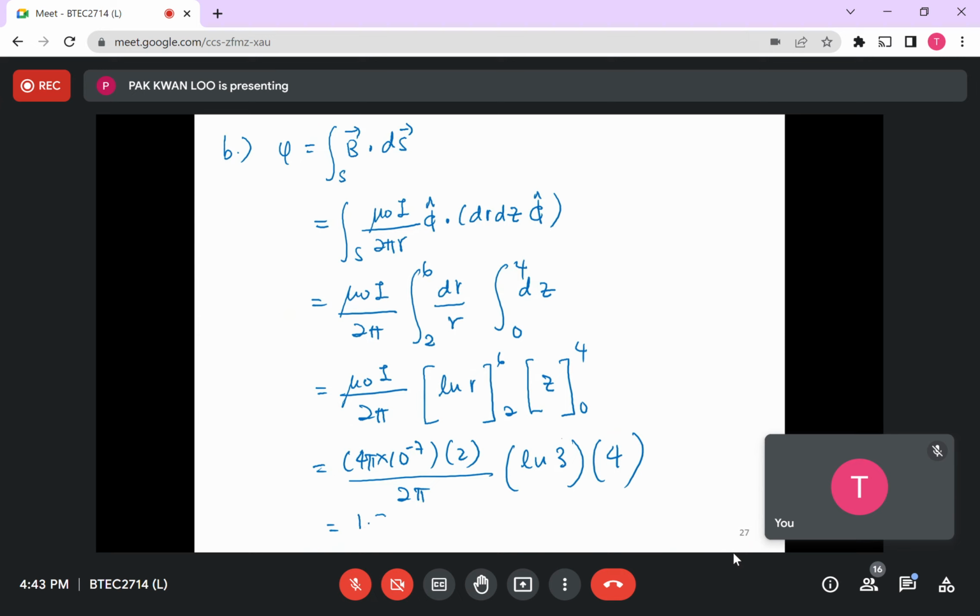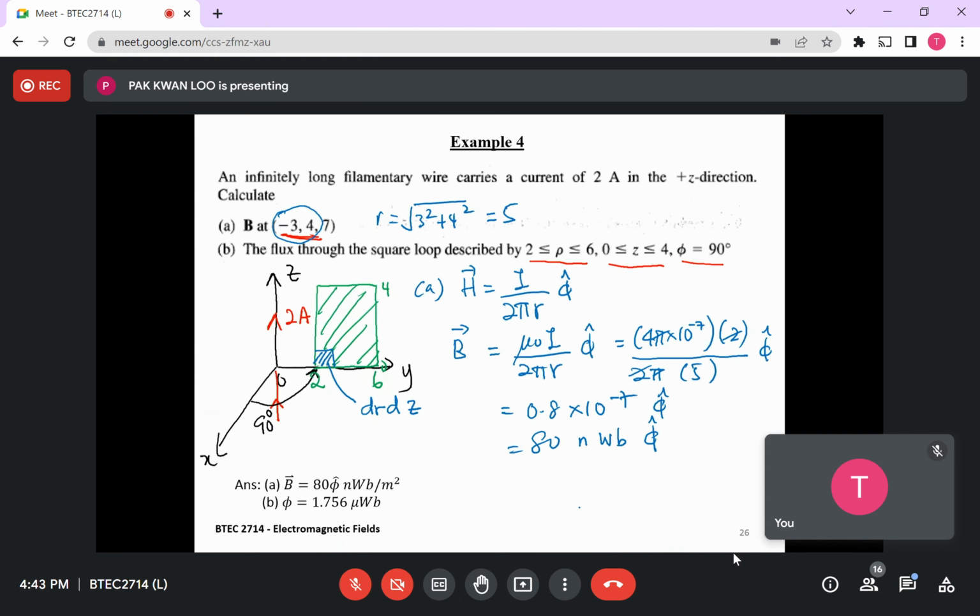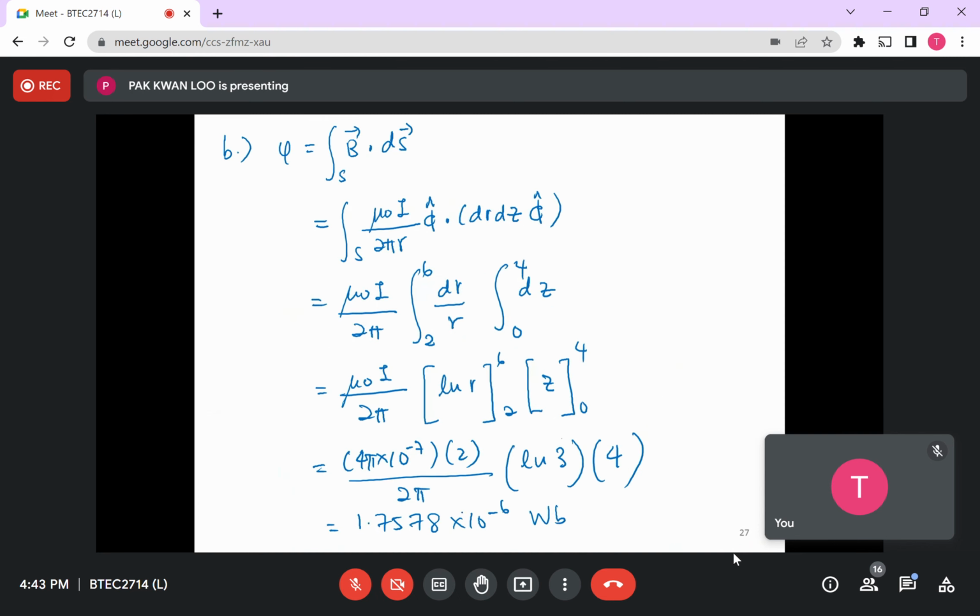So I have 1.7578 times 10 to the power of negative 6 Weber, which is 1.7578 micro Weber. Yep, that's the solution.